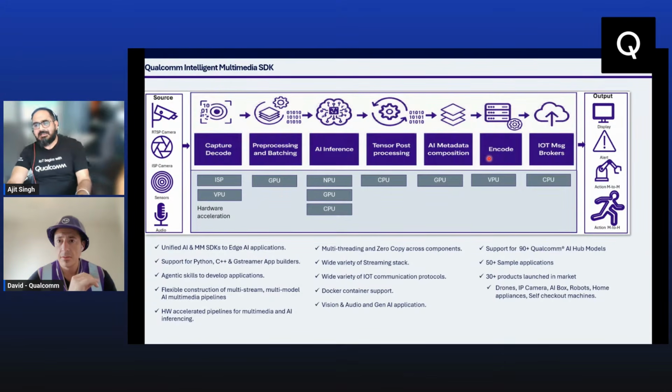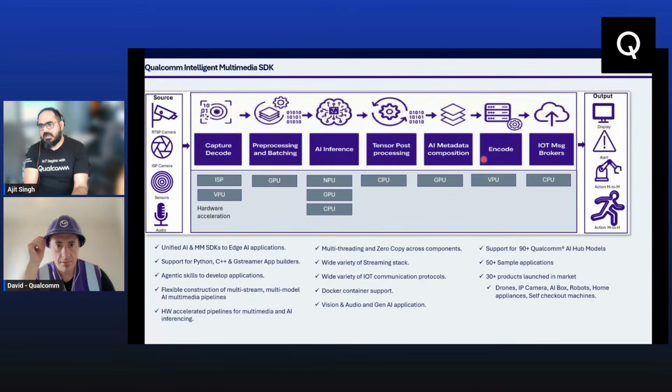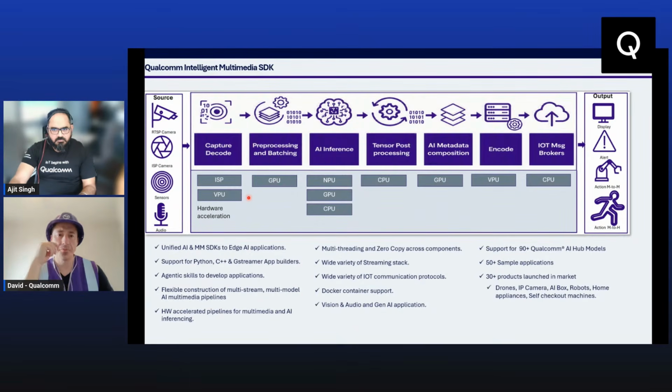So all those fundamental constituents, which are fundamentally required to build any edge AI application, are where the IMSDK comes into play. It provides all these fundamental building blocks in an easy way by utilizing all the workloads which I specified, where the camera runs on the ISP, as the Qualcomm SoC has a world-class ISP, providing you the best sensor quality and the number of streams which you can run.